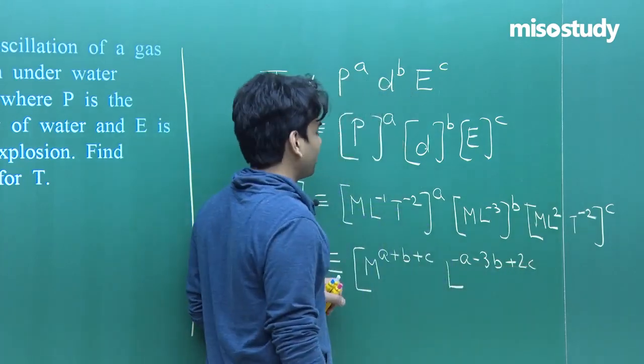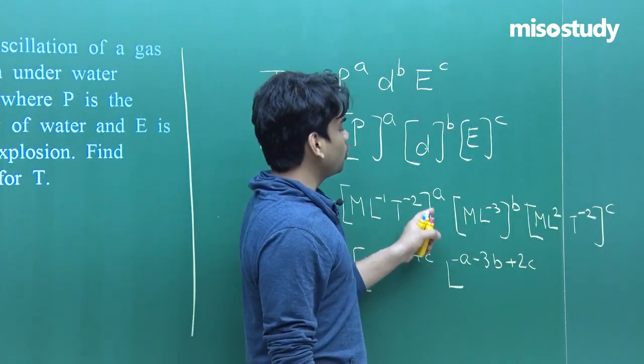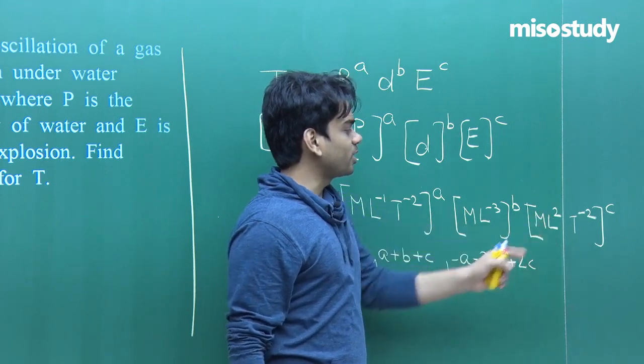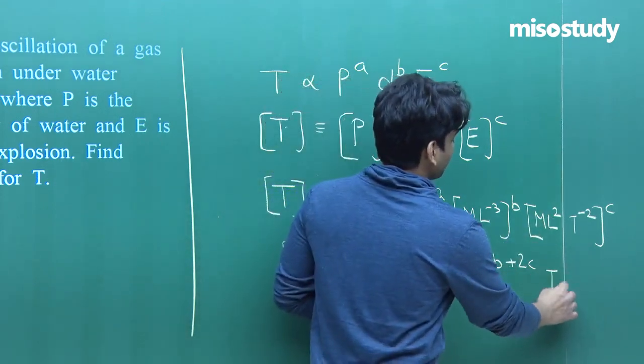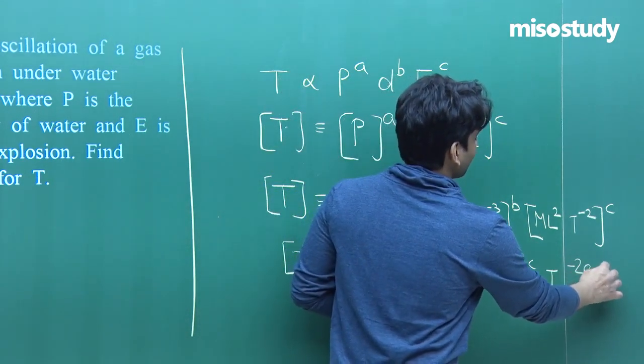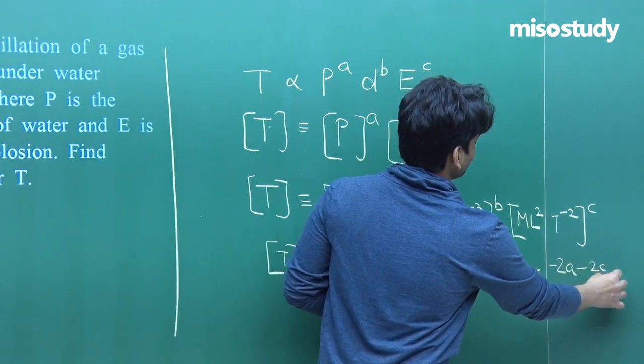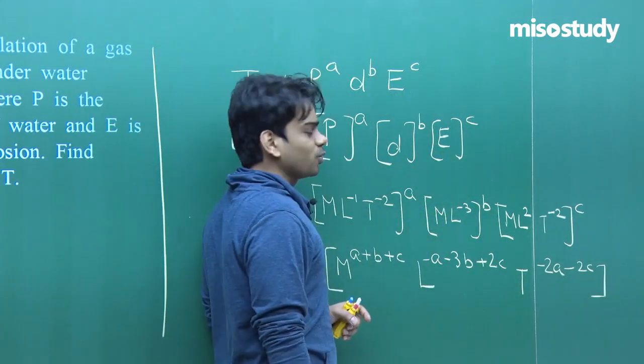And for time, it will be minus 2A and minus 2C, and here there is no time factor for density. This is the formula that we are going to have.